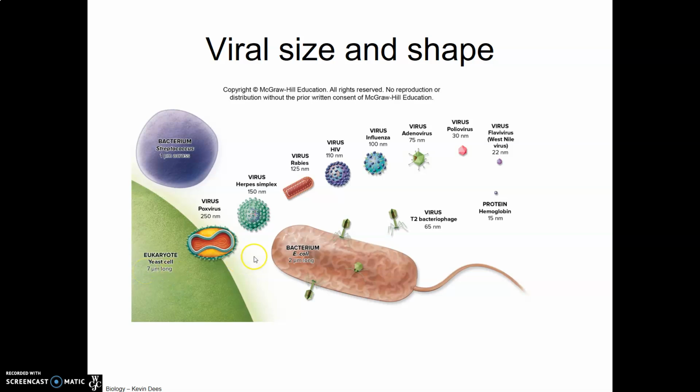But when compared to the viruses, notice that this pox virus or the herpes simplex virus or the rabies virus or HIV, all of these very common examples of viruses, look at how small they are relative to this. Here are these bacteriophages that I was talking about before that almost look like little robots, and they will use this protein capsid to help inject the material into the cell.